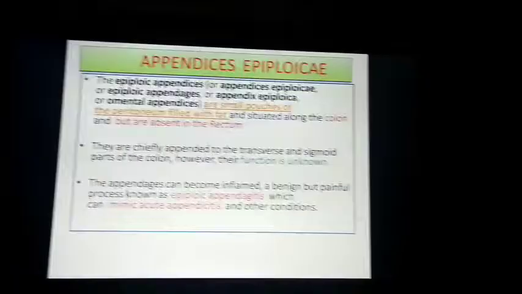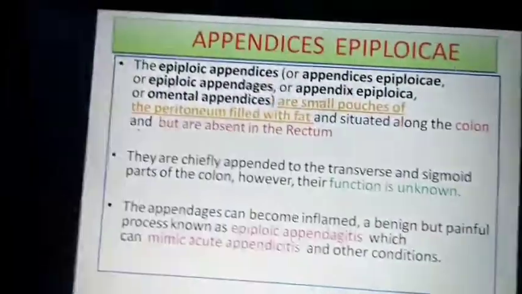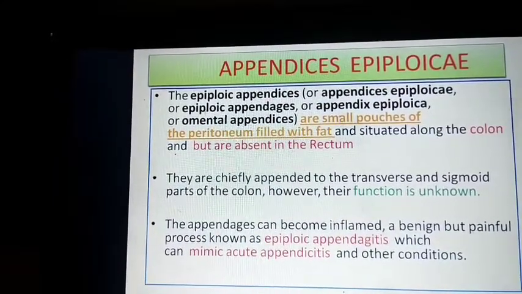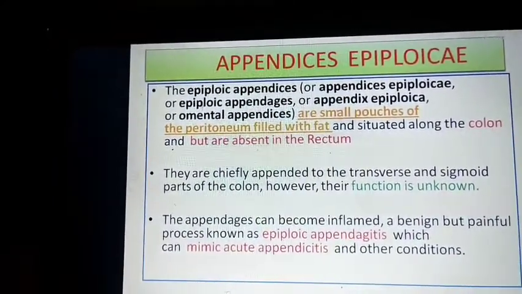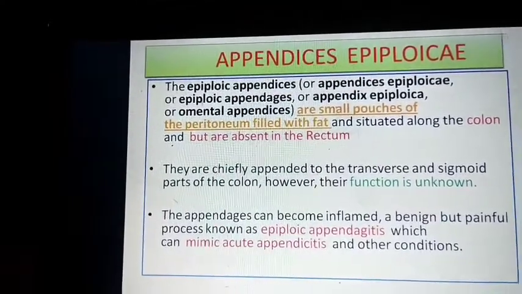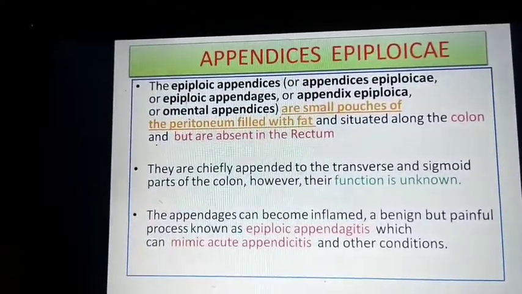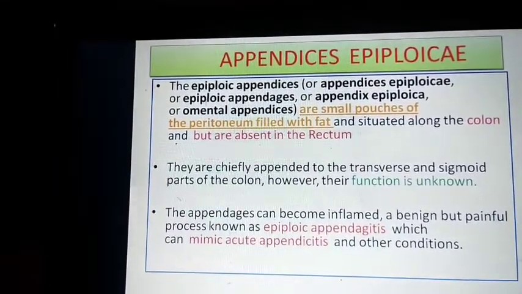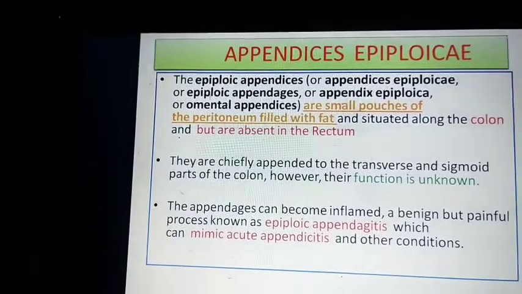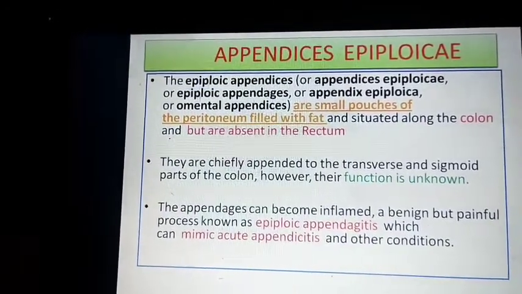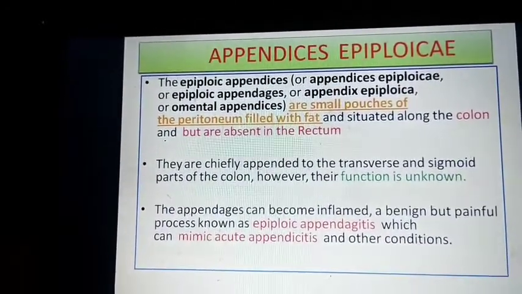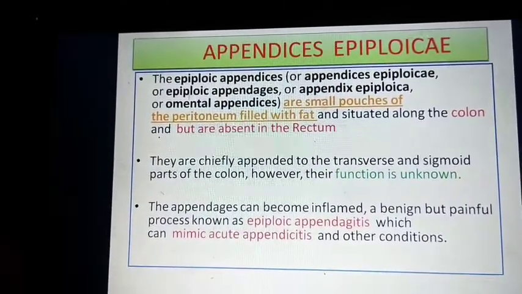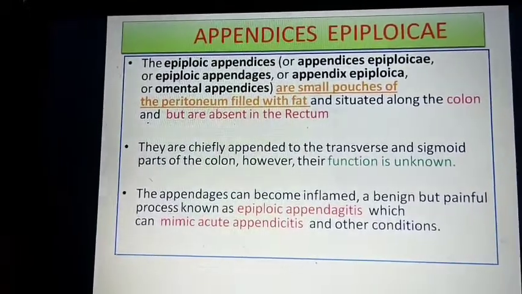Appendices epiploicae, also called epiploic appendages or omental appendices. Epiploica is another name relating to the omentum. Omental means fat. They are small pouches of peritoneum filled with fat and situated along the colon but are absent in the rectum.